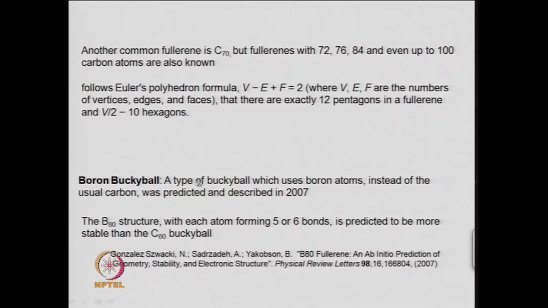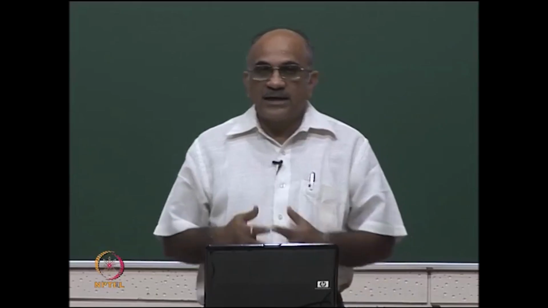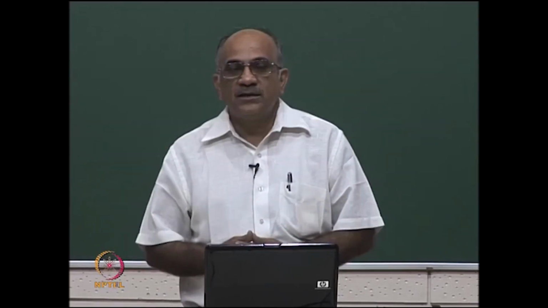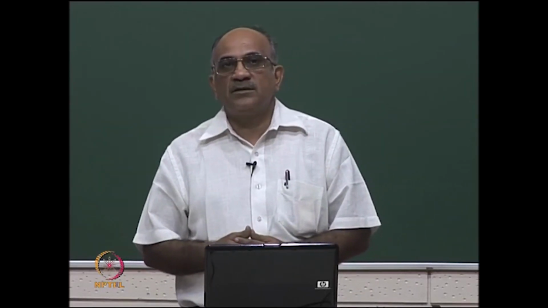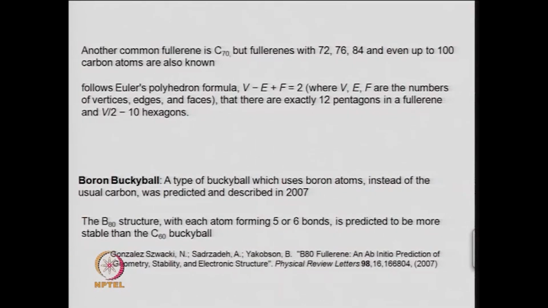So, this kind of boron buckyball has not been isolated, it has been predicted theoretically and described, and it is suggested that if it is made, then this B80 molecule will be more stable than C60. So, there are a lot of new things related to fullerenes which are still under research.